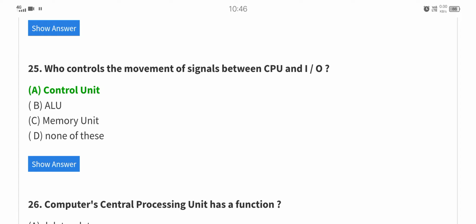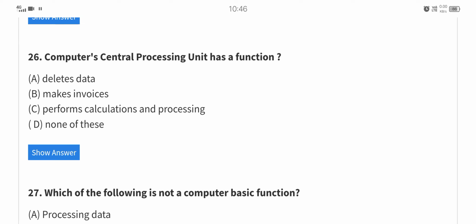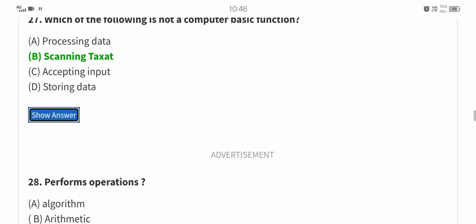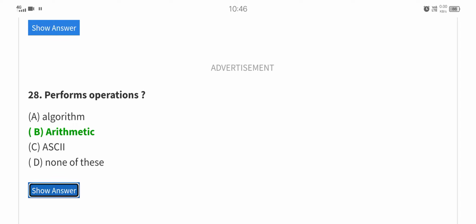Control unit. Computer central processing unit has a function: performs calculation and processing. Which of the following is not a computer basic function? Scanning text. Performs operations, arithmetic.